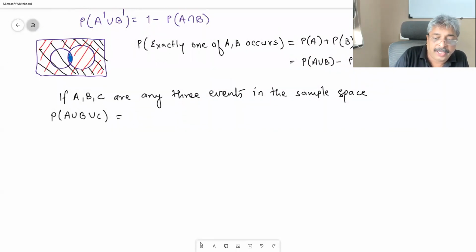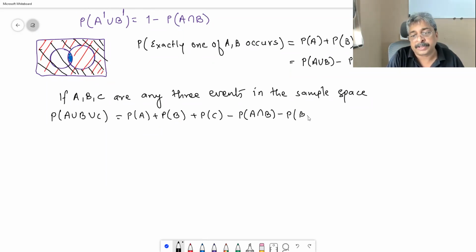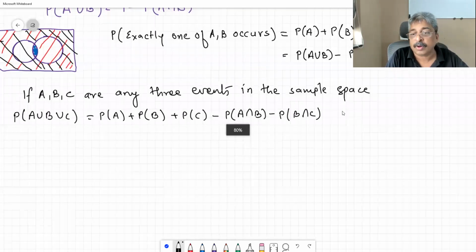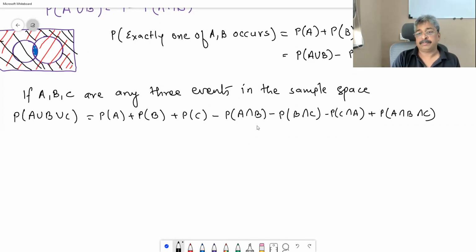So probability of A plus probability of B plus probability of C minus probability of A intersection B minus probability of B intersection C minus probability of C intersection A plus probability of A intersection B intersection C. We unnecessarily excluded it, therefore include.